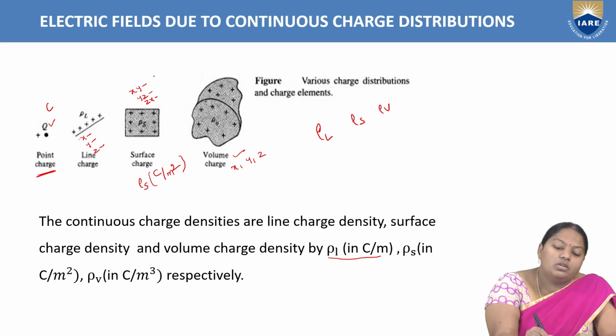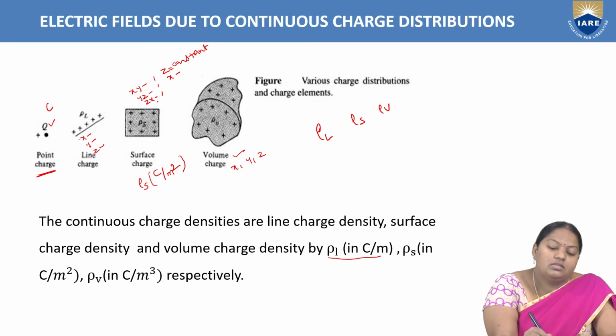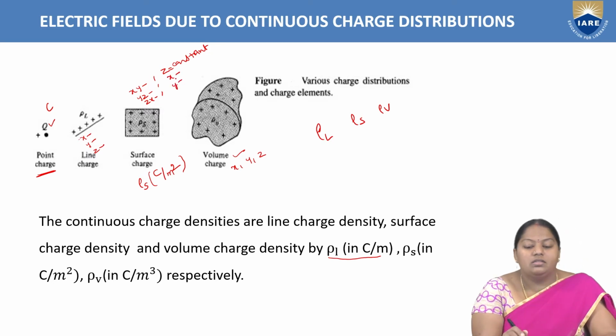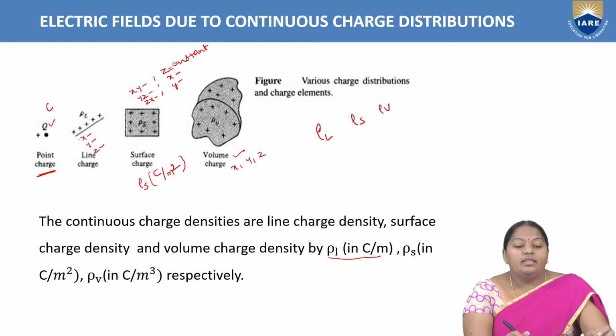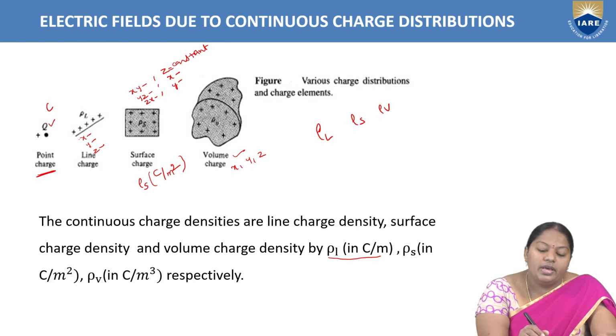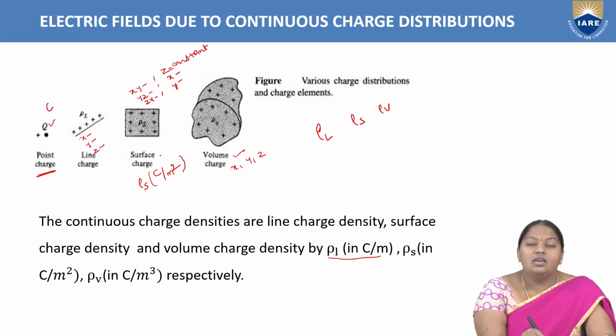According to the constant planes, the xy plane means z is constant, the yz plane means x is constant, and the zx plane means y is constant. So for the surface charge density we consider two directions, and to measure the volume charge density, we consider three directions: x, y, and z.